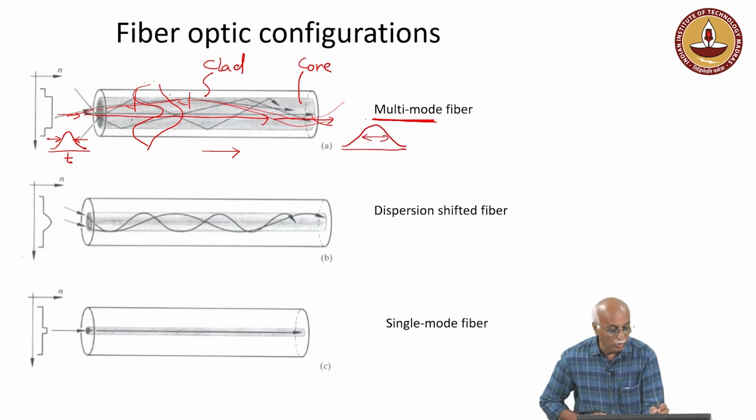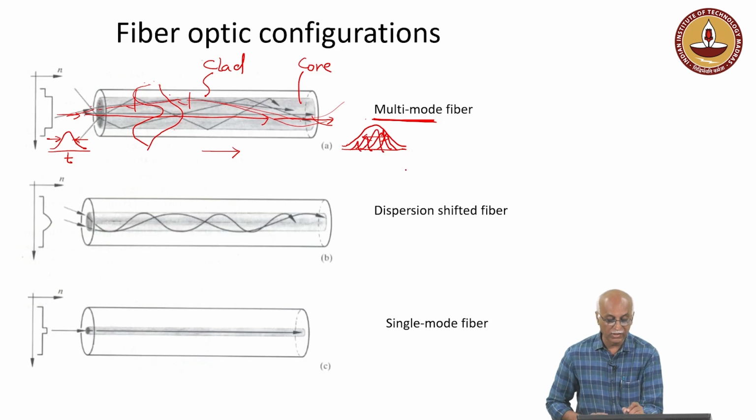Why? Because some part of the light will travel fast and reach early, while some part of the light which is travelling slow will reach a little later, and some part a little later still, so overall you will see pulse broadening.